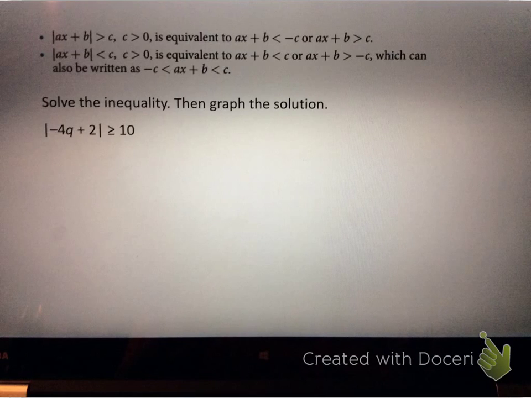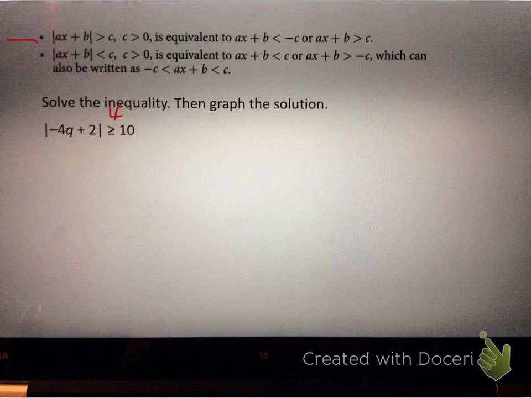Alright, so let's start here with our first one. We have the absolute value of negative 4q plus 2 greater than or equal to 10. So first thing I'm going to do is ask, is the absolute value isolated? And the answer to that is yes. So now I'll focus on my inequality symbol, which is the greater than or equal.